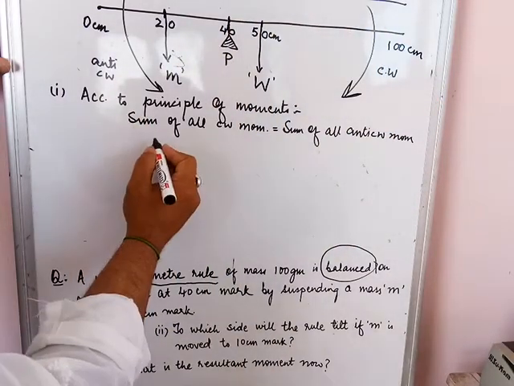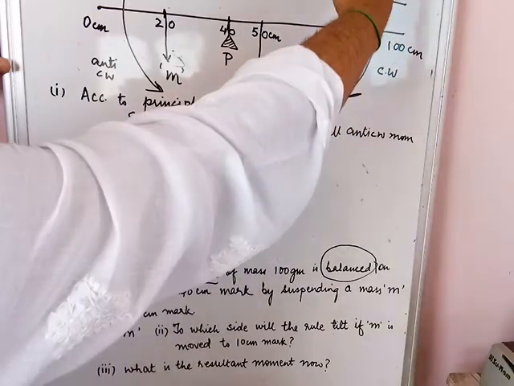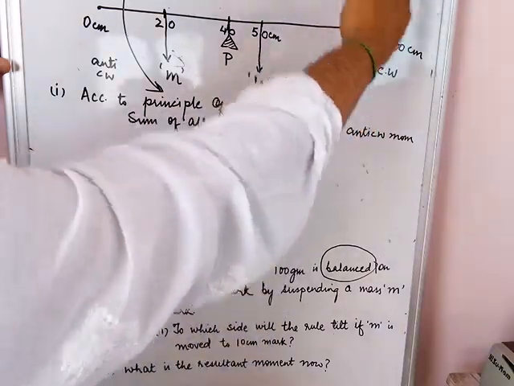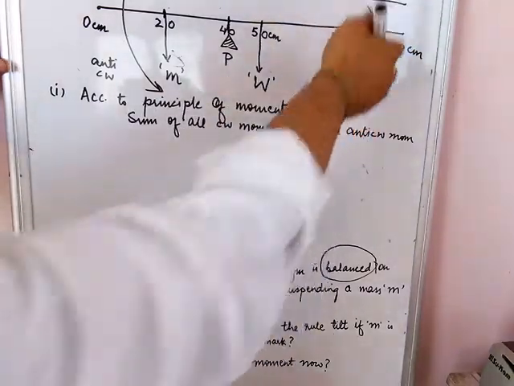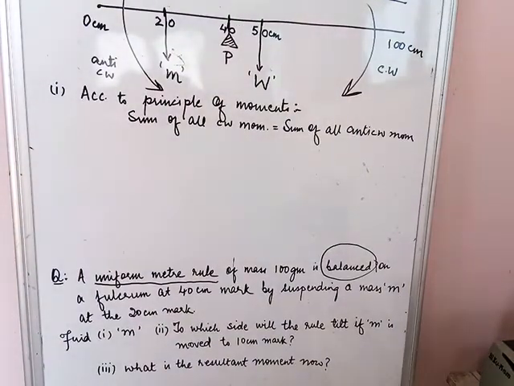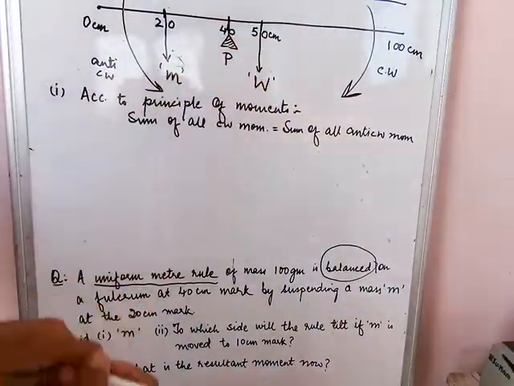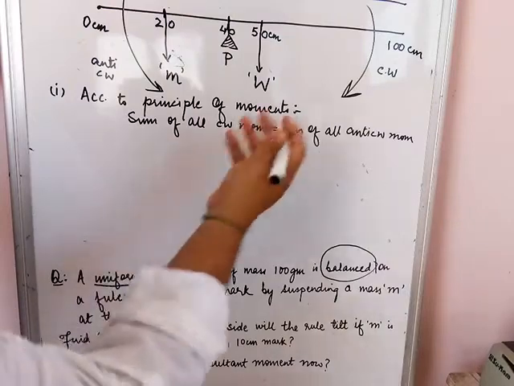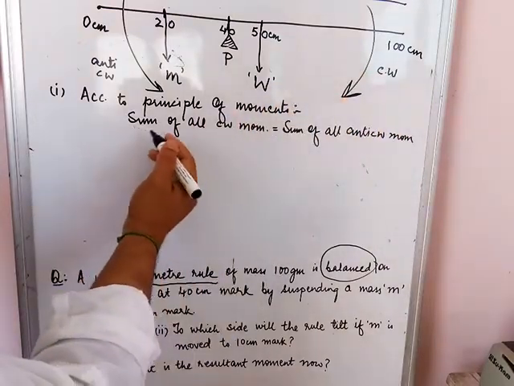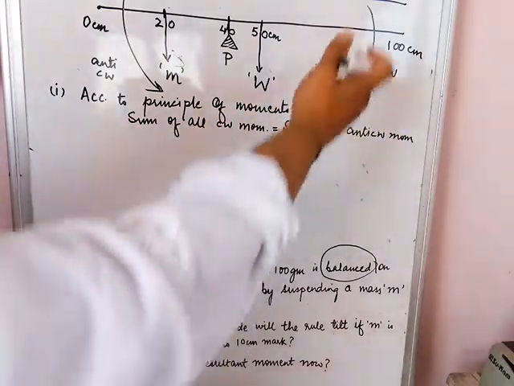Okay, so clockwise moments, we are talking about this side of the pivot. There is only one clockwise moment, so the sum does not really make any difference over here.